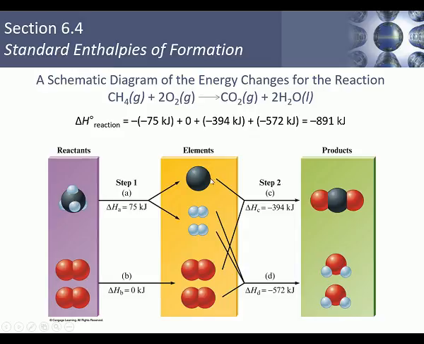So we have a carbon and 4 hydrogens. The oxygens don't quite have to split yet, but we do have this plate of elements available for use. The movement from CH4 to a carbon and 4 H's is going to require some energy. We're going to have 75 kilojoules.